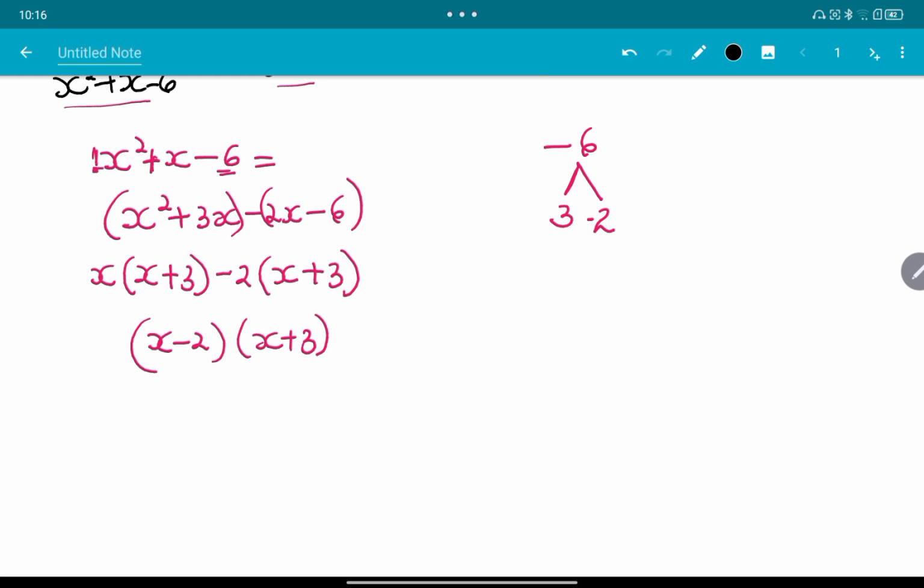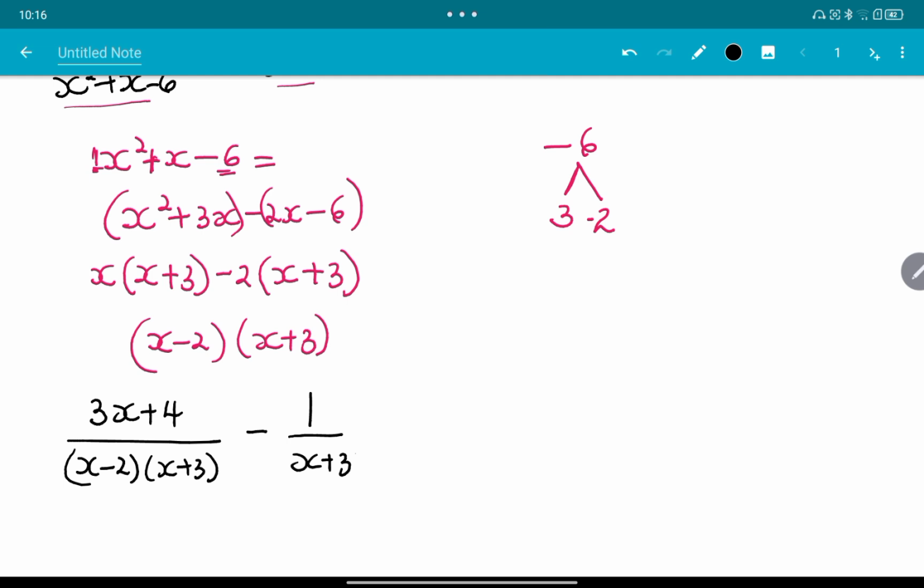So it will be 3x plus 4 all over x minus 2, x plus 3, and the other part was minus 1 over x plus 3. Now we move to getting the LCM. Whenever we are getting the LCM, let me just use a simple, common method. You take x minus 2, x plus 3 and x plus 3.